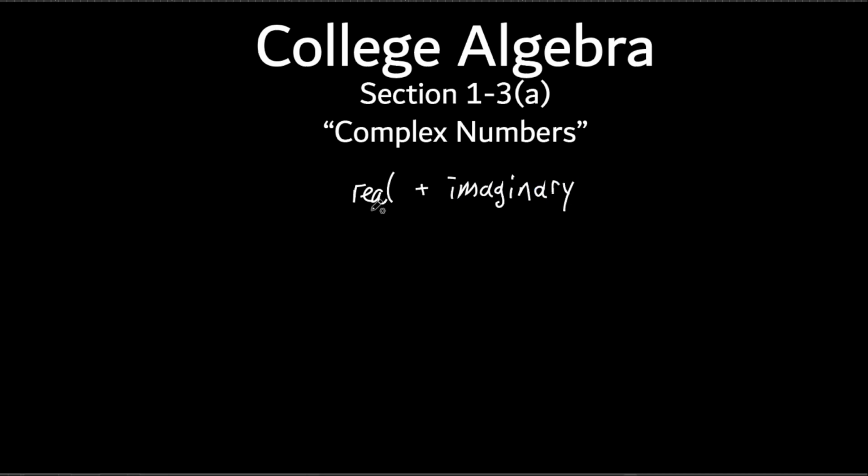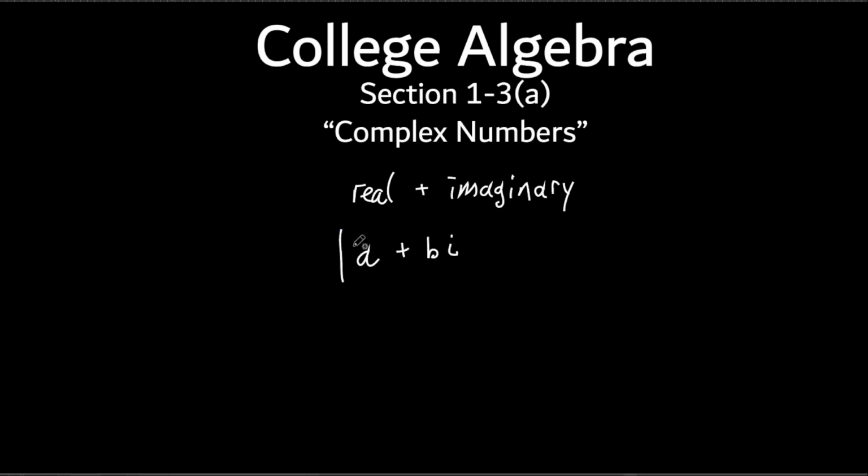So a complex number is a combination between a real and an imaginary. Now, a real number in math, we assign it the letter a, a lowercase a. We use that to indicate a real number. An imaginary number, we use the letter i, but we're also going to put a number in front of it. We'll put a b. We'll talk about this in a second. And then we put an i.